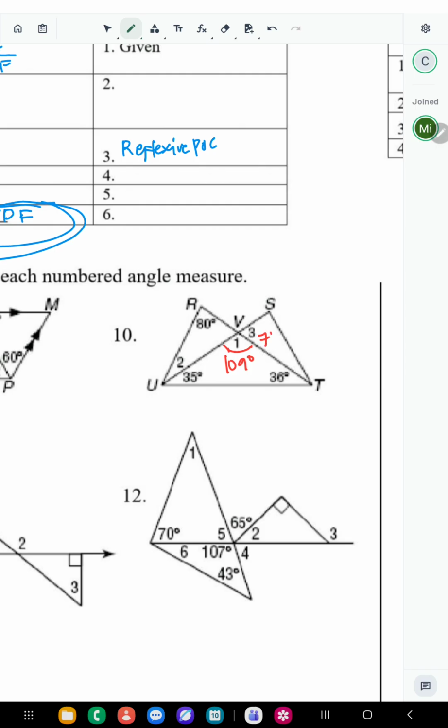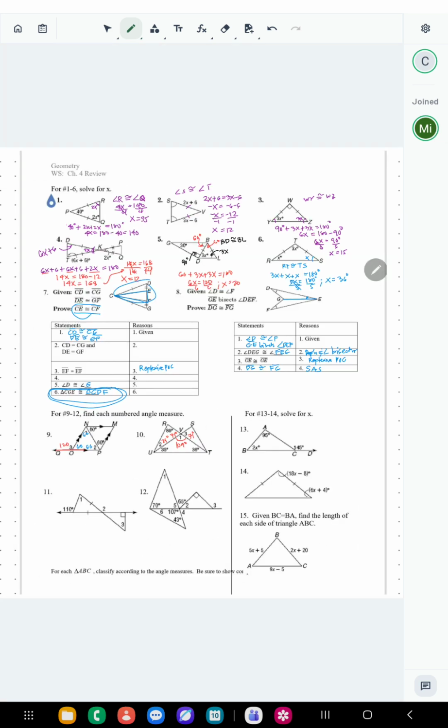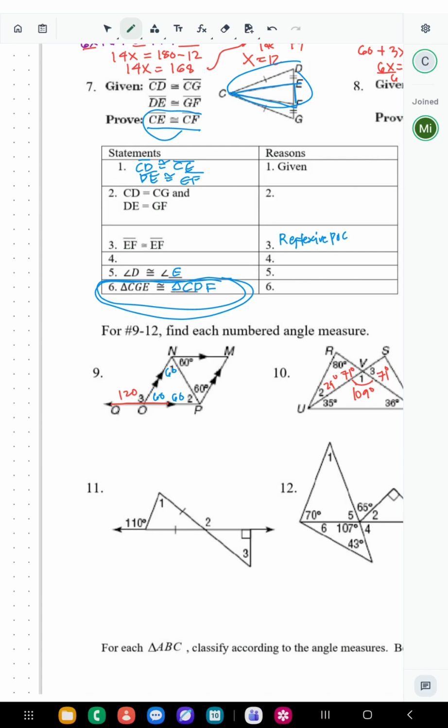So this is 71. And this is also 71. And angle 2 is 180 minus 80 minus 71. So this one is 29 degrees. Right? No questions in those?